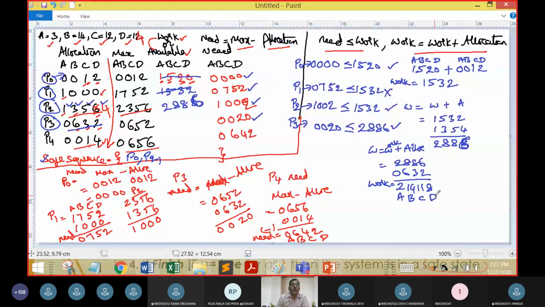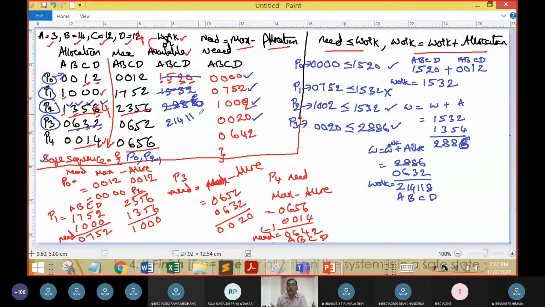So I can overwrite 2886 with 2, followed by B is 14, followed by C is 11, followed by D is 8 here. So now I am going to change this P3 value with the new updated work.